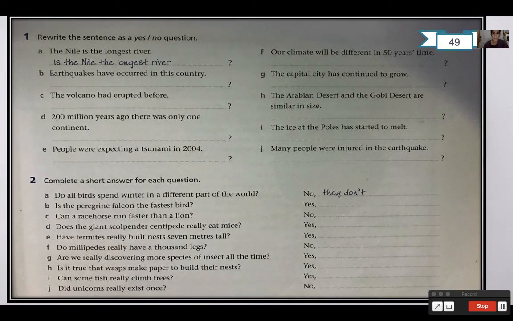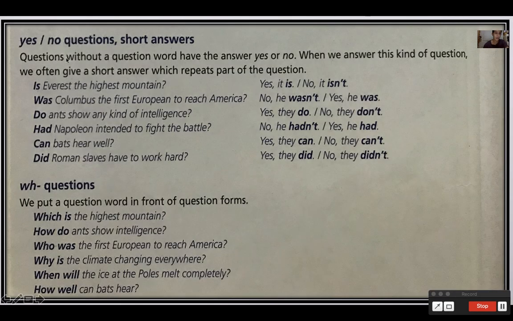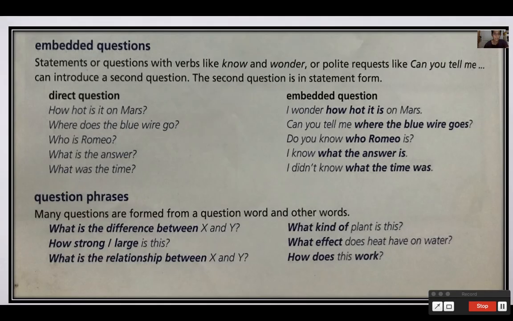Now we're going to have a practice. On page 49, rewrite the sentences as a yes or no question. Remember, yes or no questions are when we are using auxiliary verbs like am, is, are, was, were, will, have, had, do, does, or did.